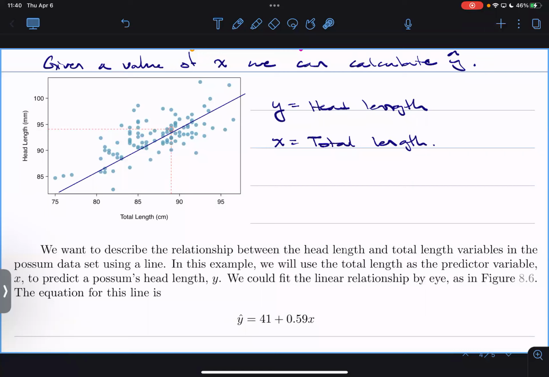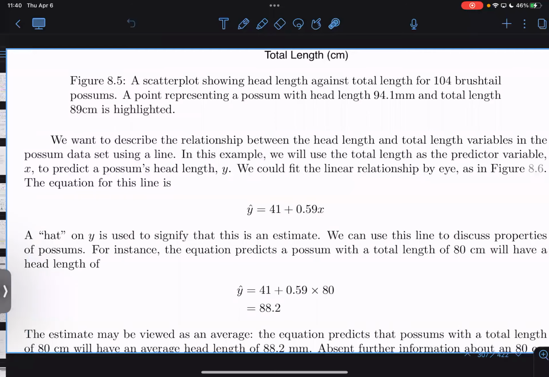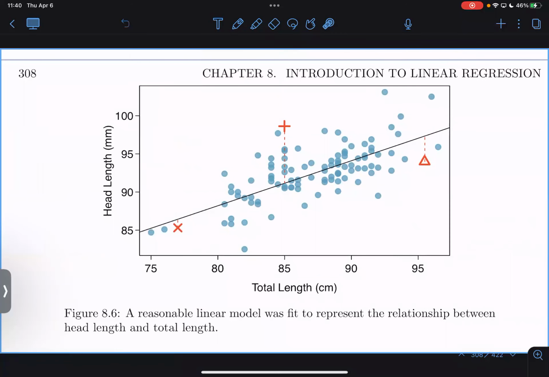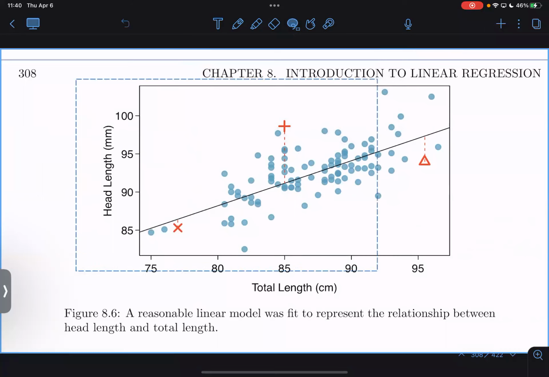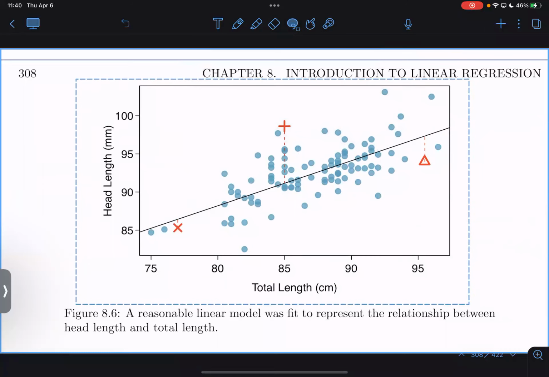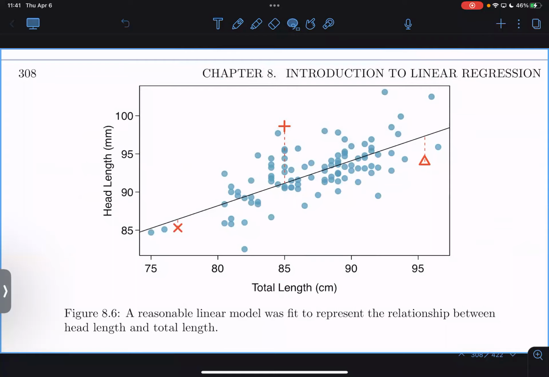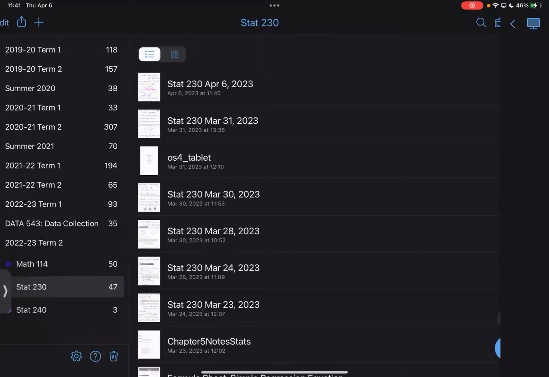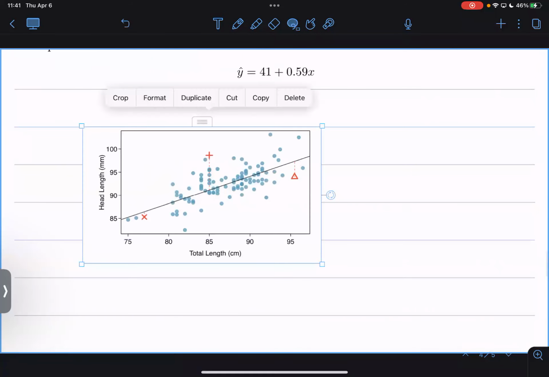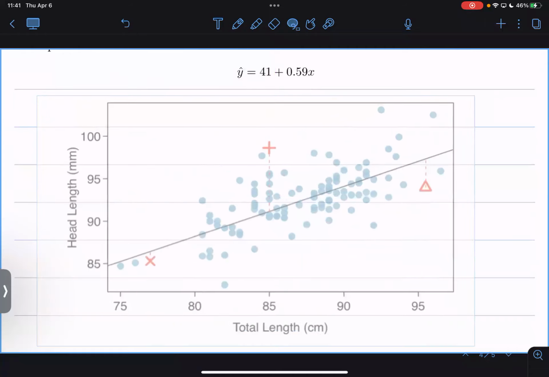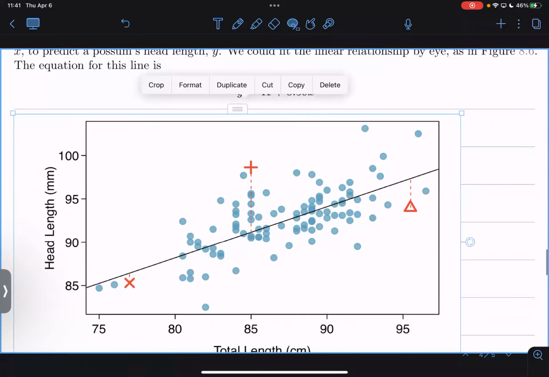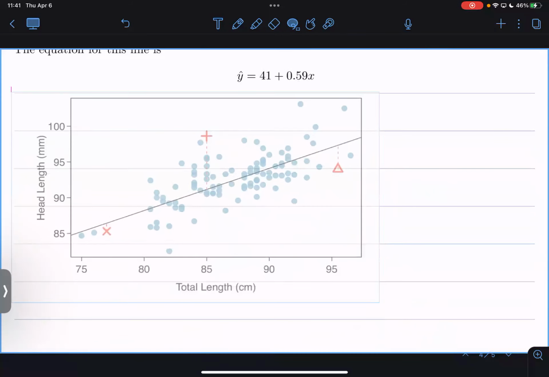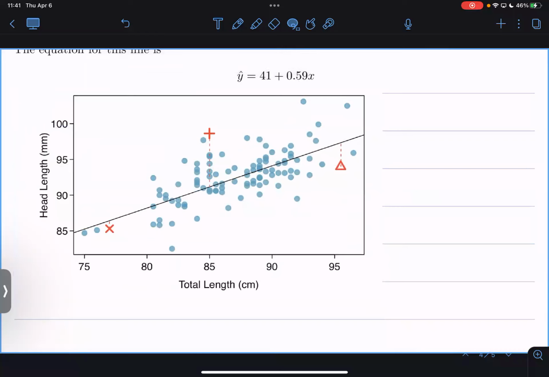Okay, and so maybe I'll grab their fit by eye. It's such a weird thing. And I get why they do it, but at the same time, I don't. Because what I'm preaching is don't do this.